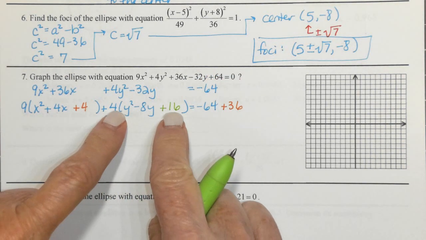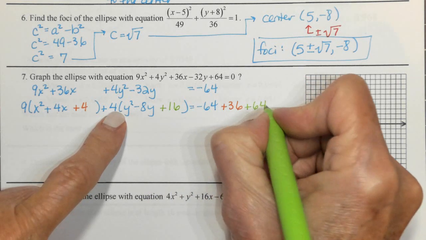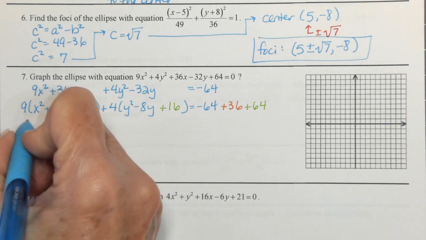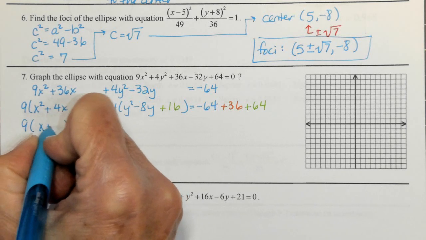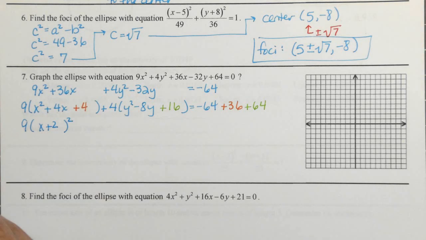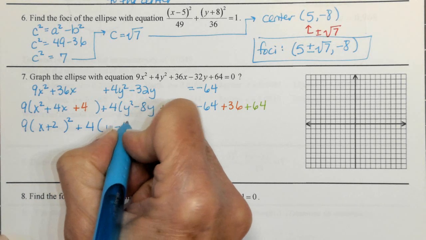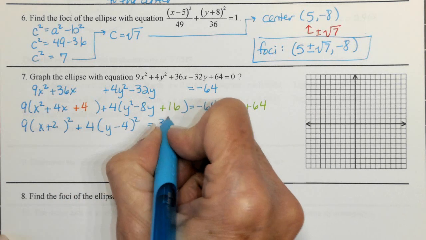But really, I am adding 64. So I add 64 to the other side. Okay, this is going to be 9 times x plus 2 squared plus 4 times y minus 4 squared. And that is equal to 36.